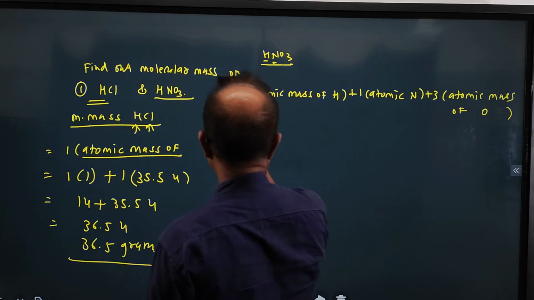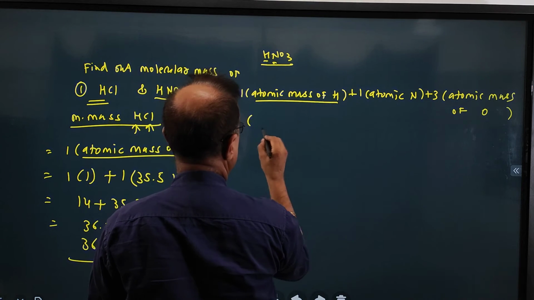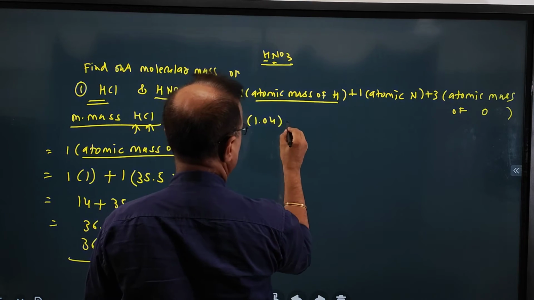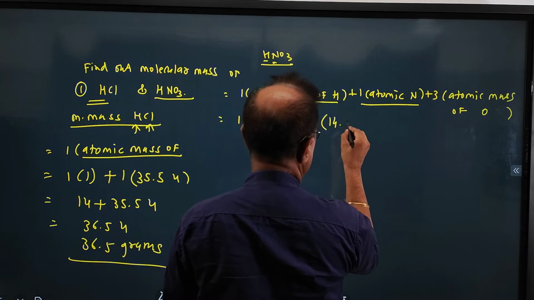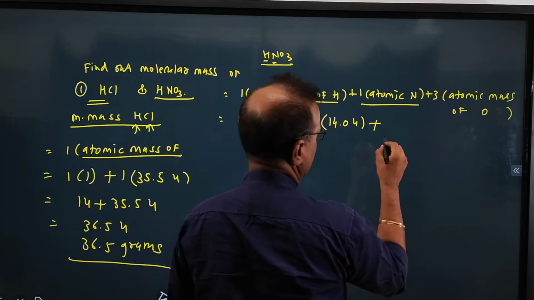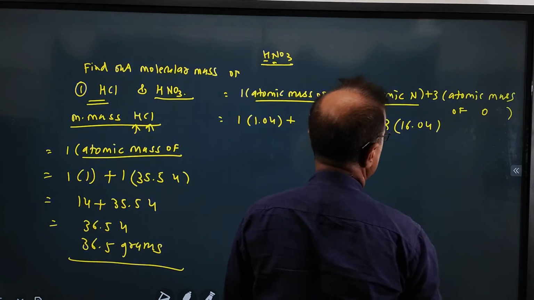Now we will write down the value. So 1 into atomic mass of hydrogen 1.0 U plus 1 into atomic mass of nitrogen, it is 14.0 U plus 3 into atomic mass of oxygen, it is 16.0 U.